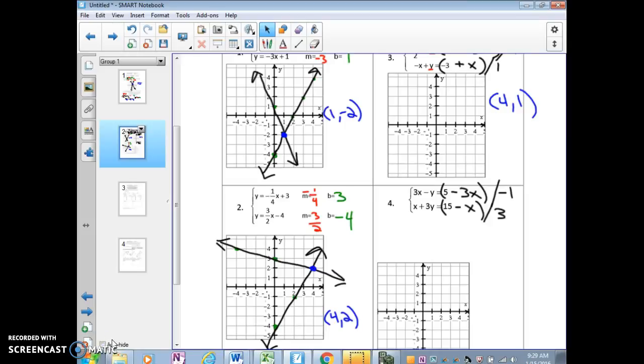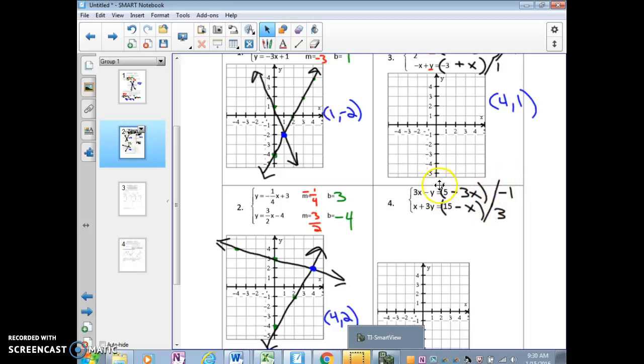For problem number 4, again, y is not by itself. So we're going to do the same thing that we did in problem number 3. Open parentheses before the 5. Since 3x is positive over here, we're going to subtract 3x. Then you close your parentheses. And then we have to be careful here.